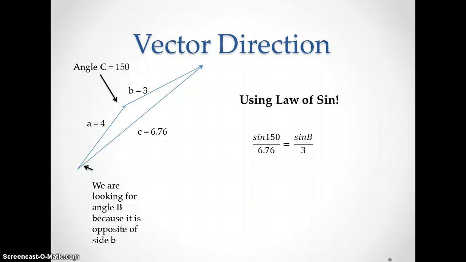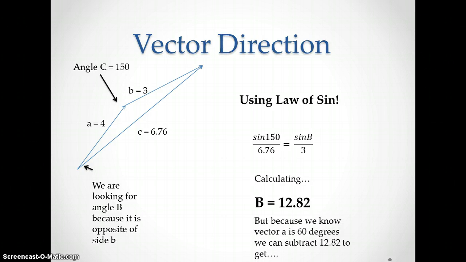Sine of 150 is angle C, and 6.76 is side C. So it's going to be sine of angle C over C, and sine of B over side B. And so we cross multiply as we calculate, and we get B equals 12.82. If you need guidance on how to do the law of sines, it's on the wiki.